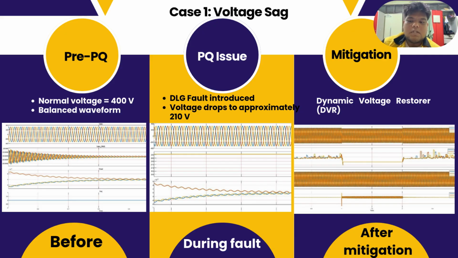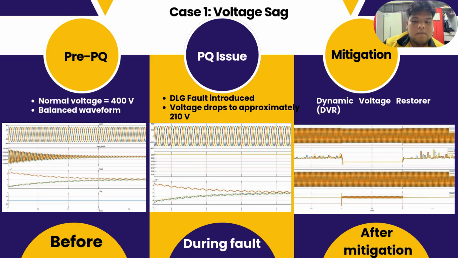So this slide shows the voltage sag scenario used to evaluate the performance of the dynamic voltage restorer or DVR. Before the disturbance, the system operates under normal conditions with a balanced three-phase voltage of 400 volts. A double line to ground or DLG fault is then introduced, causing the voltage to drop significantly to approximately 210 volts.